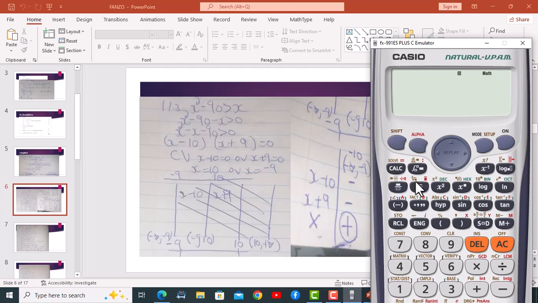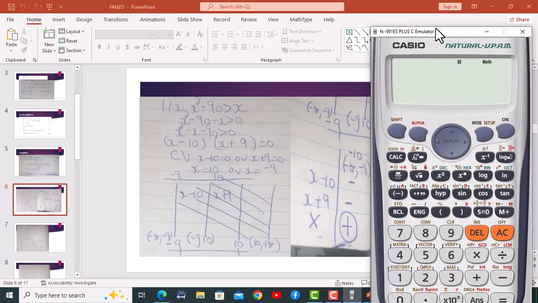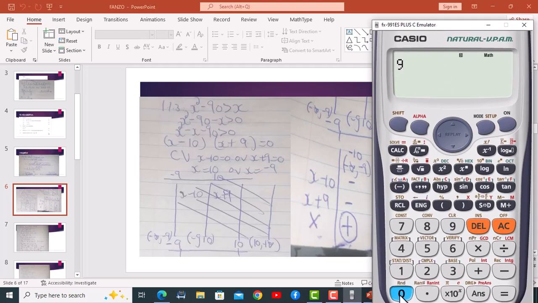The factors of 90, you just come here and you just say 90. This is a programmable calculator. It is acceptable in the exam. Let me be very clear with this.